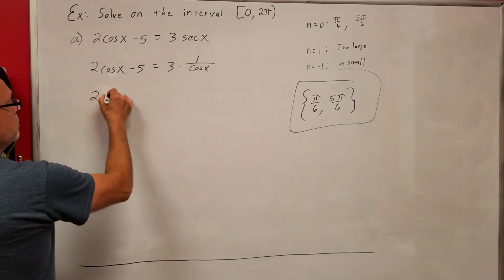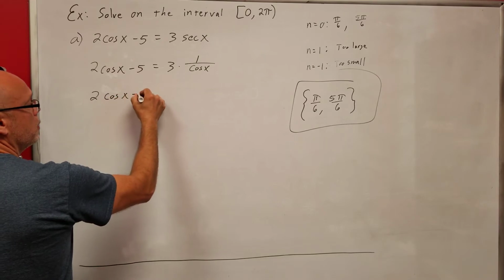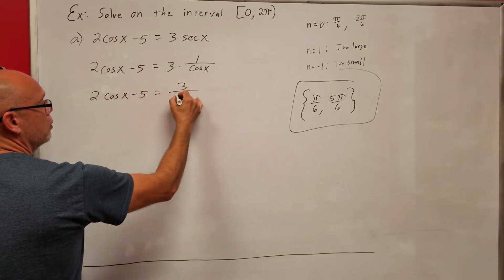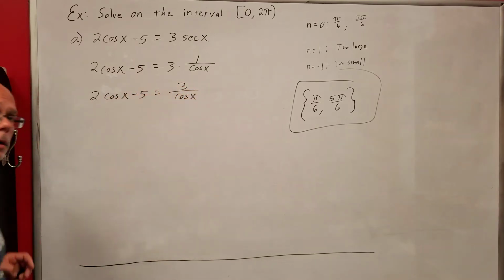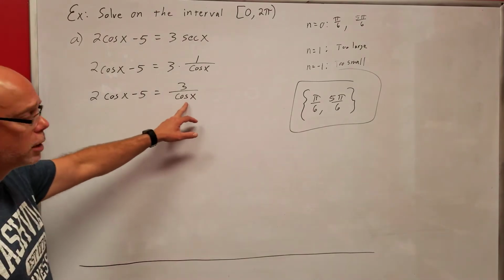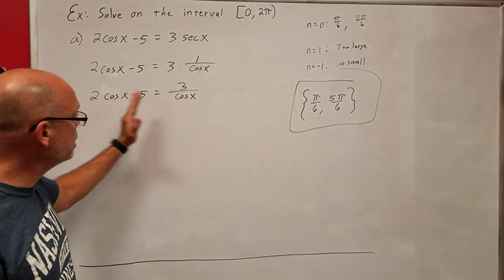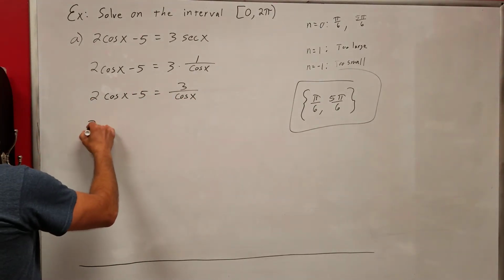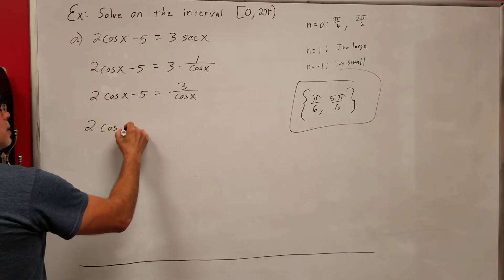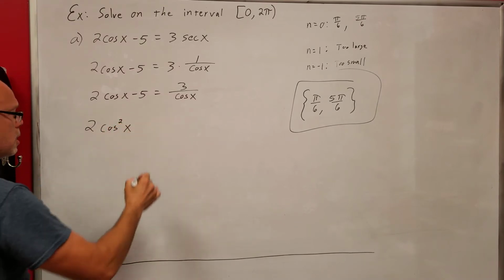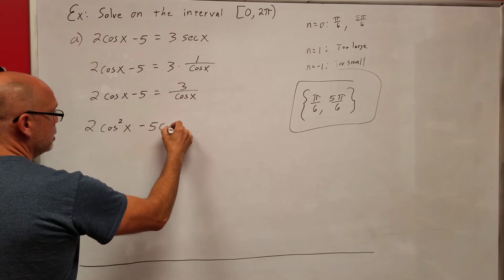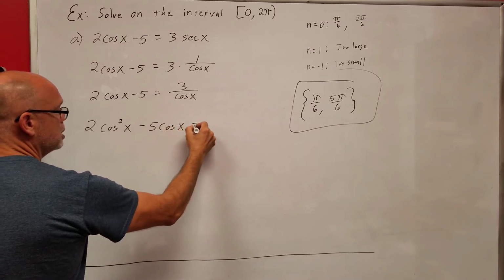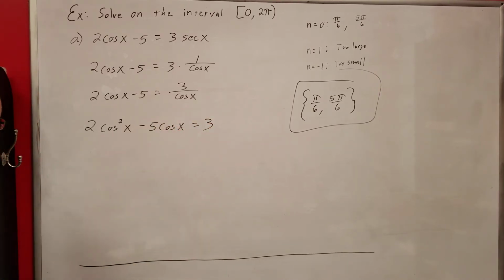Well, that's 2 cosine of x minus 5 is equal to 3 over cosine of x, right? Now I can get rid of the fraction here by multiplying both sides by the cosine of x. So if we do that, we get 2 times the cosine squared minus 5 times the cosine of x is equal to 3.